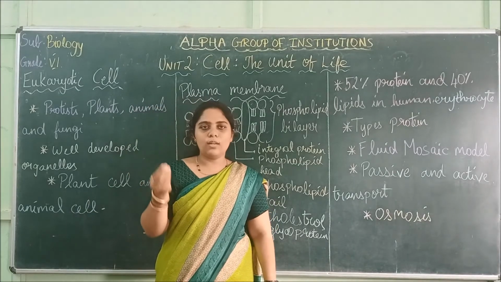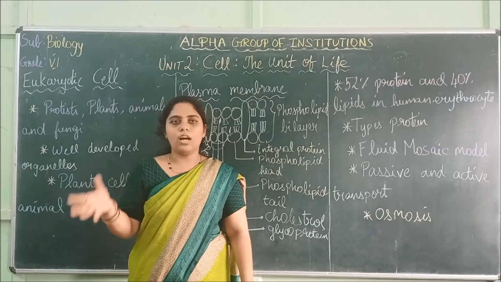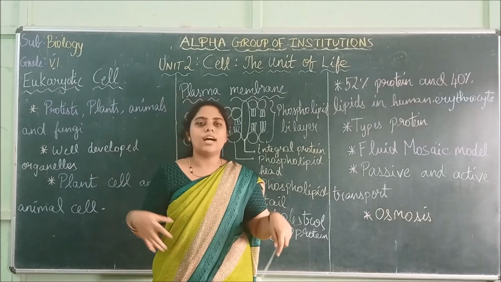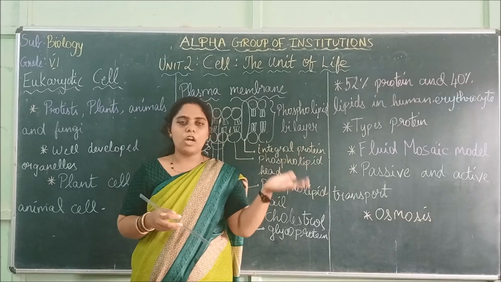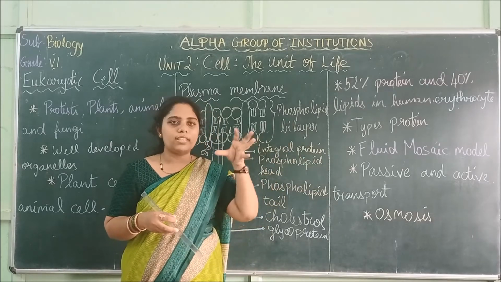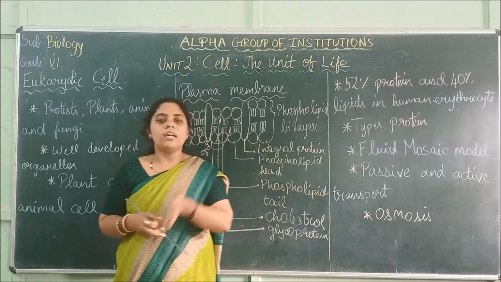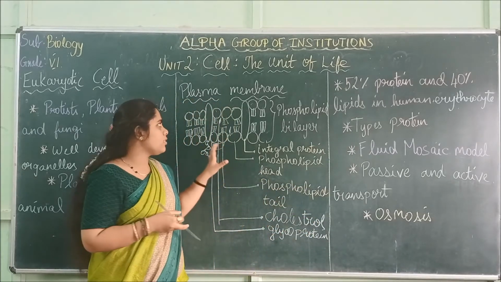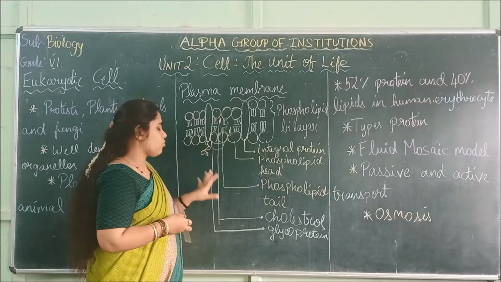It allows only certain substances to go inside and outside. It is like a security guard for the whole components of the cell. All molecules cannot enter the cell. It detects what type of component it is, and only then lets it into the cell. This is the main function of the plasma membrane, and we have seen the structure.